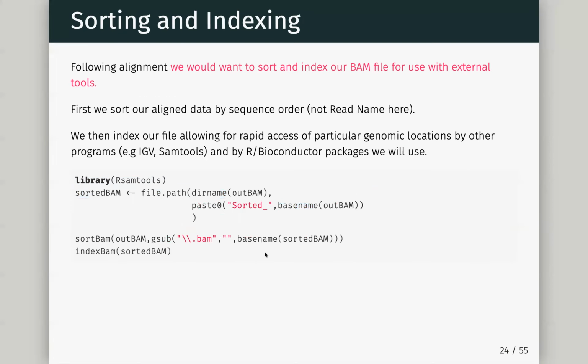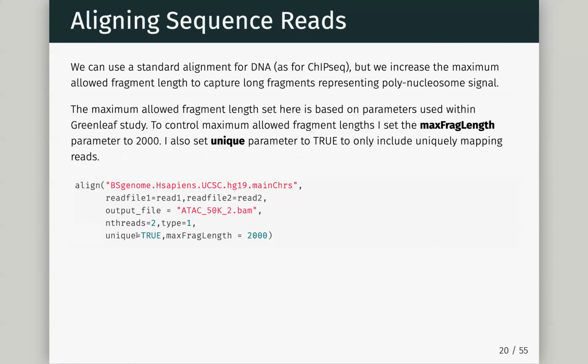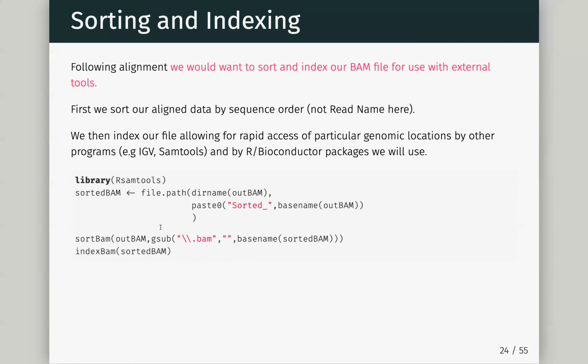Following alignment, we want to do our ordering and sorting. So here we're going to use Rsamtools again. We'll create the path we want to our sorted BAM file, and then I'm going to do sortBam, using my output file from here, and I'm going to pass that now to sorted BAM.